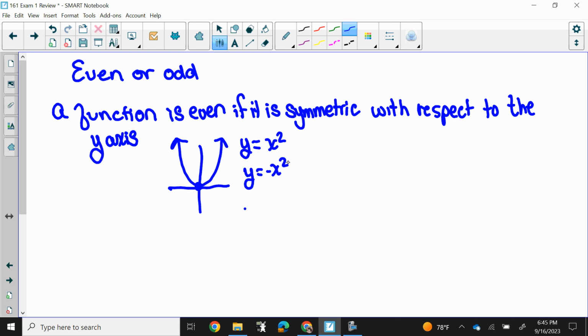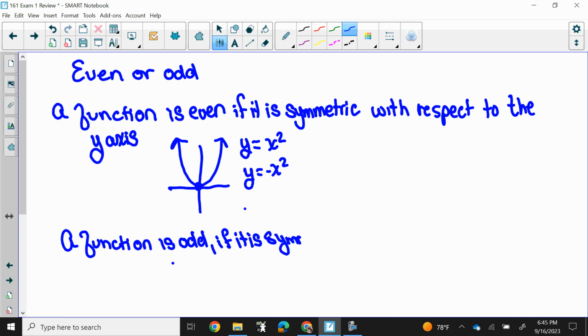All right? A function is odd if it is symmetric with respect to the origin.